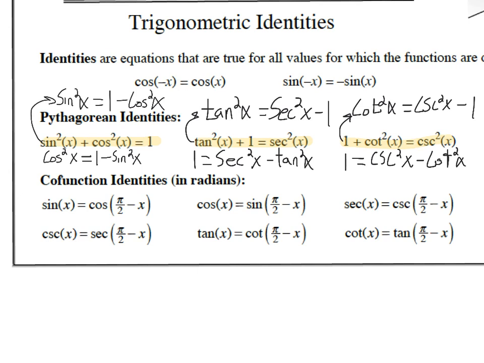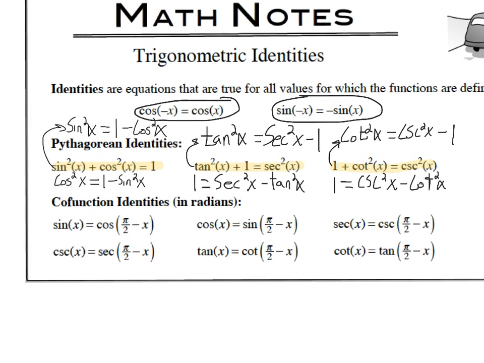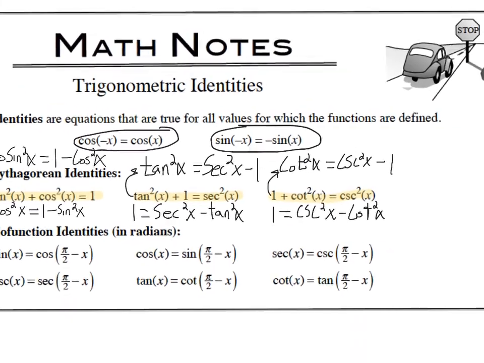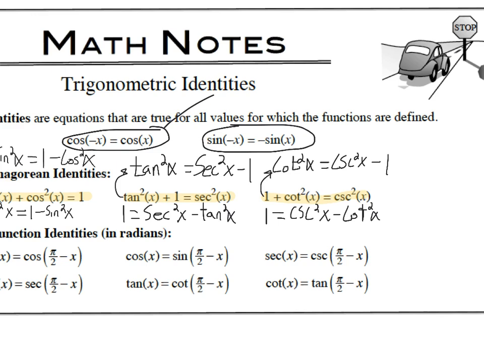There are also identities that we have used in the past, we just really haven't named these. We know that the cosine of an angle is also equal to the cosine of a negative angle. This property can be proven by looking at your unit circle.